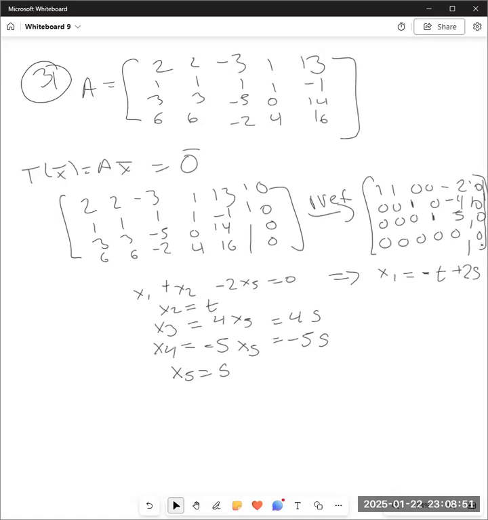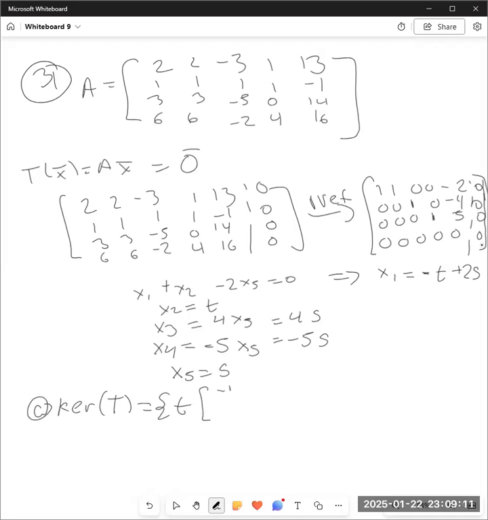So, all right. My kernel of T is going to be t times, and then where are my t's?